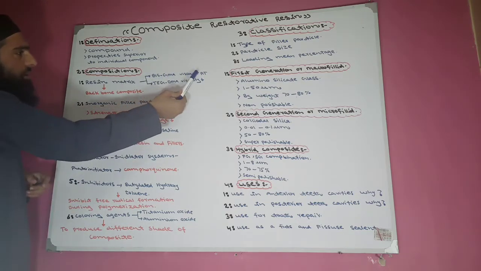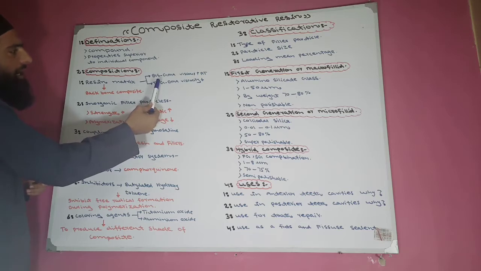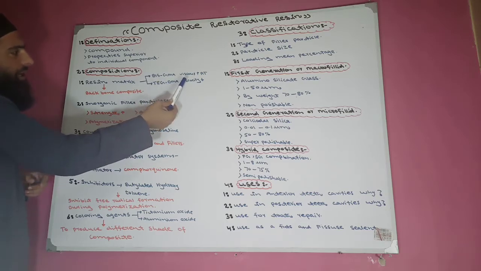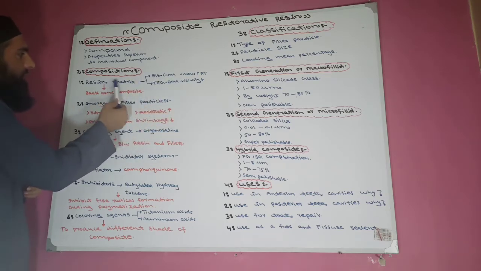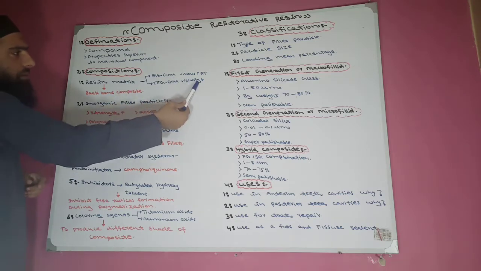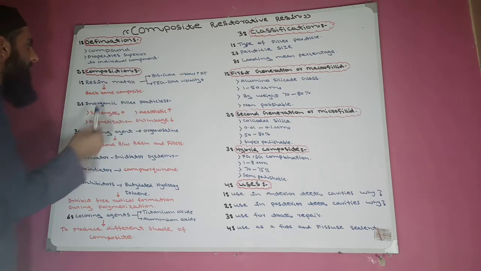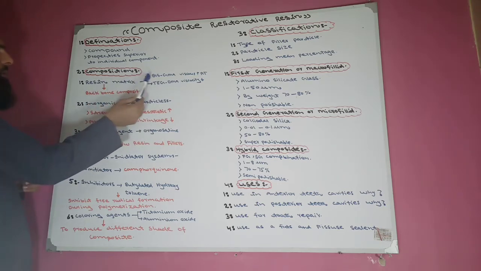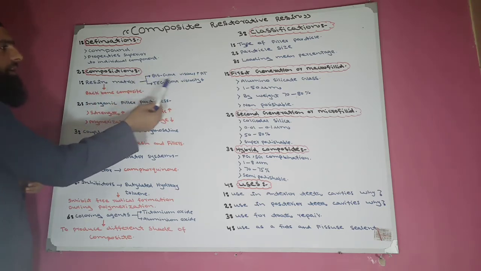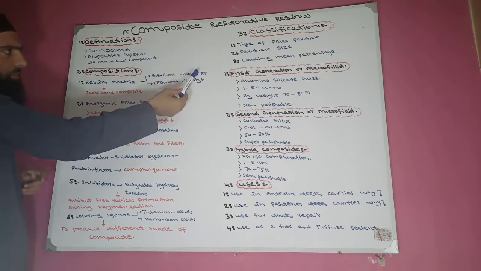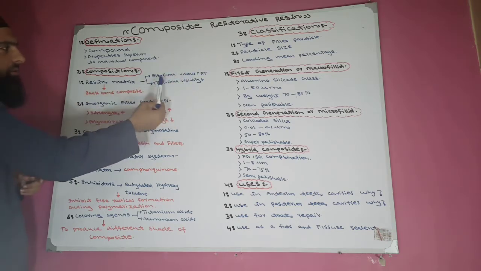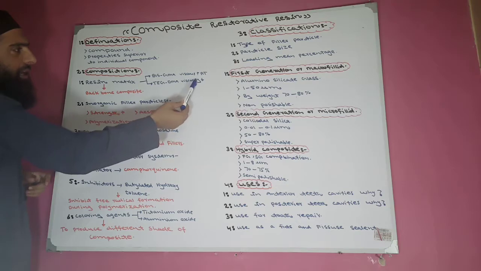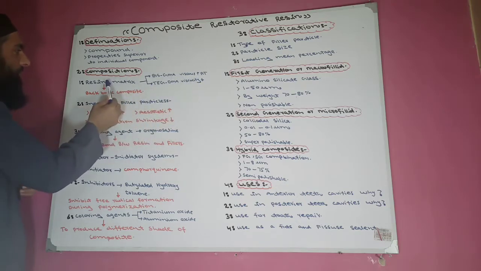Therefore, to reduce its viscosity, we introduce TEGDMA in the structure of the resin matrix to decrease the viscosity of the resin matrix at room temperature. So the resin matrix is composed of two components, bis-GMA and TEGDMA. Bis-GMA is highly viscous at room temperature. To decrease its viscosity, we introduce TEGDMA in the structure of the resin matrix.